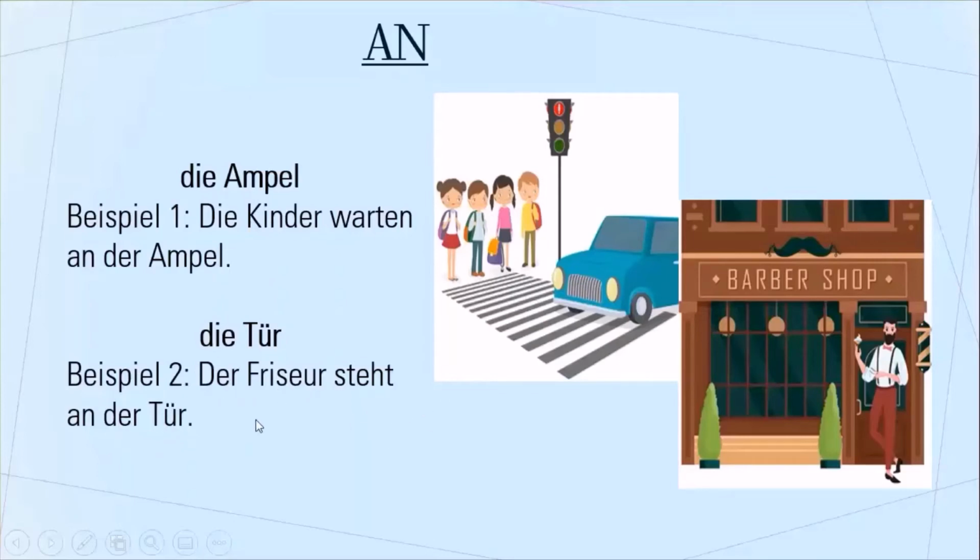So in this second example, der Friseur steht an der Tür. Die Tür is the door of any shop or of any building, and der Friseur is the barber, specifically the male barber.